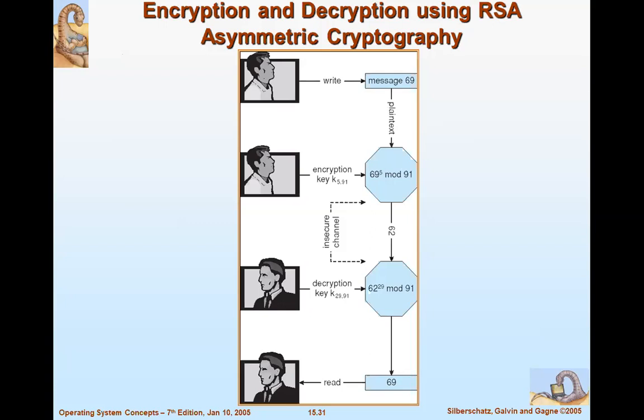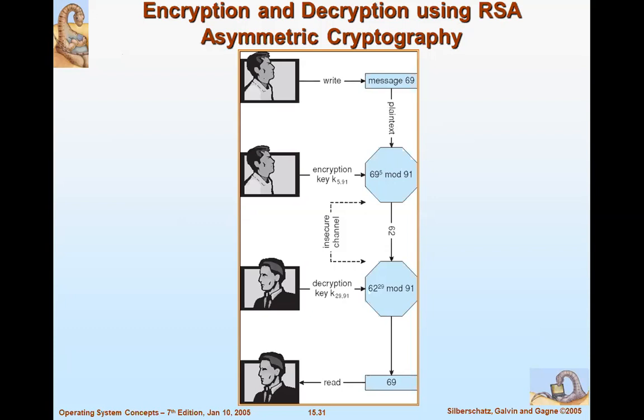So 69 exponent 5 modulus 91, if you calculate it with a calculator, you will get 62. And then it is transferred to the receiver node, and the receiver uses the decryption key, which is 29, and the number 91.